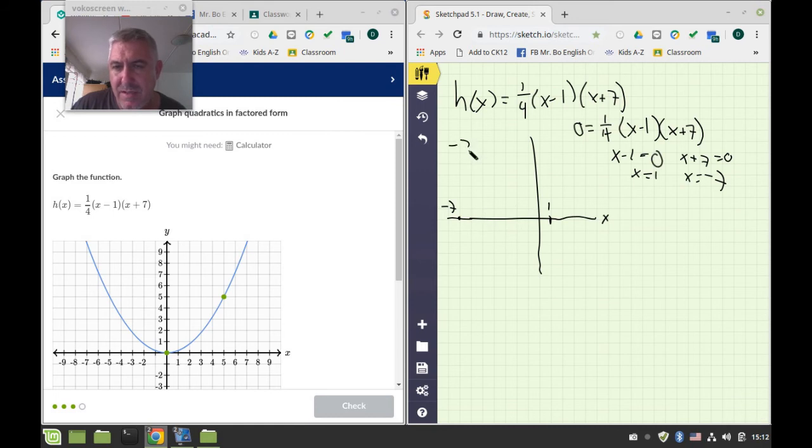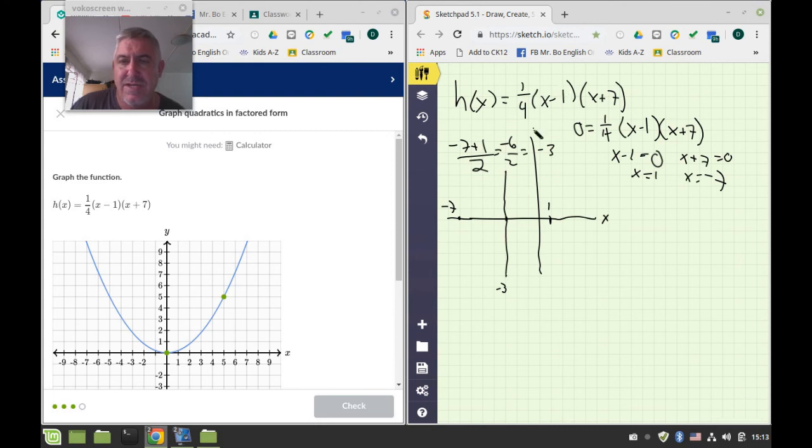We find the average. So that's negative 6 divided by 2, which is negative 3. So here's my line of symmetry. I know that my vertex is on that line of symmetry, but I don't know where. How do I find out?